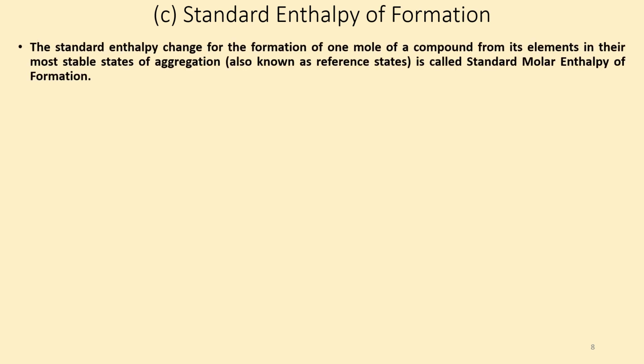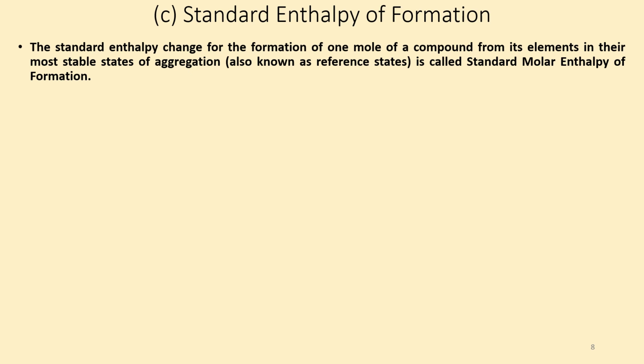Standard enthalpy of formation. The standard enthalpy change for formation of 1 mole of a compound from its elements in their most stable states of aggregation, also known as reference states, is called standard molar enthalpy of formation.